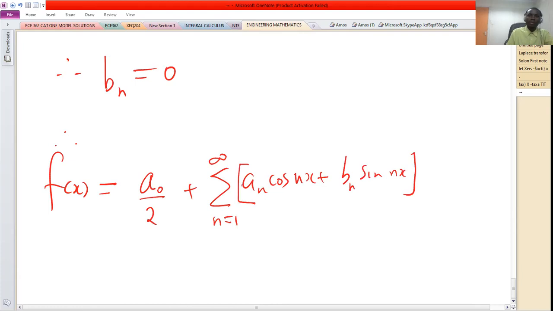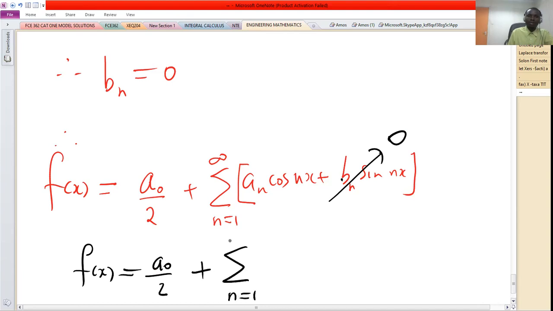This is by definition. And since we have found out that bn is 0, all this part will be 0, so that we have f of x equals a naught over 2 plus summation n from 1 to infinity of an cosine of nx.